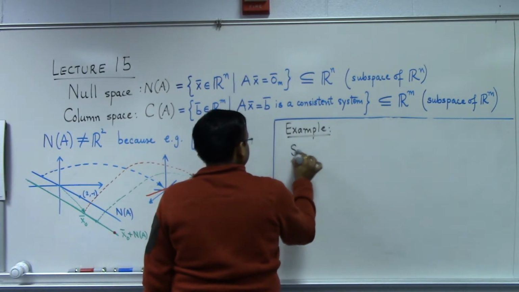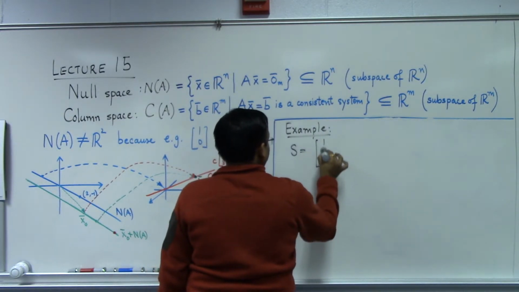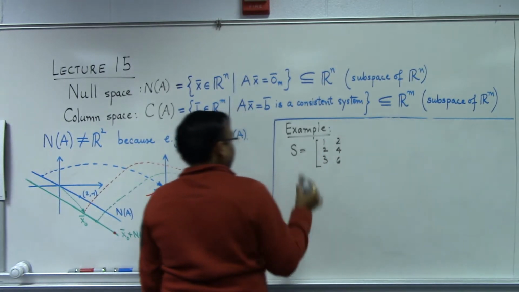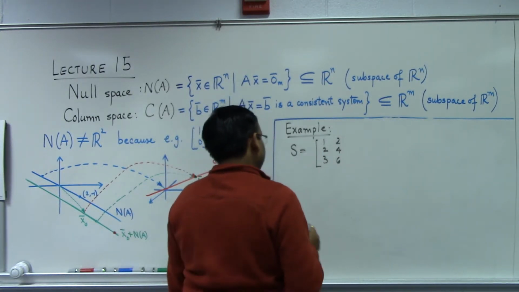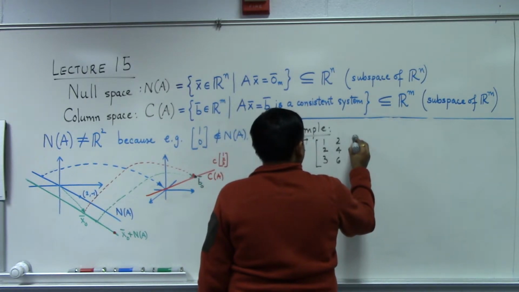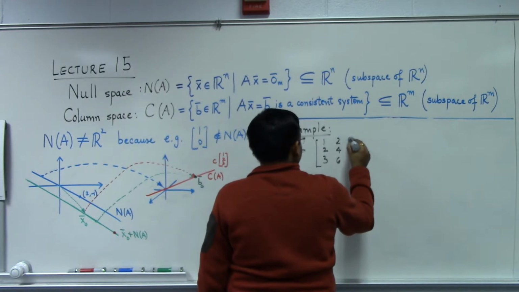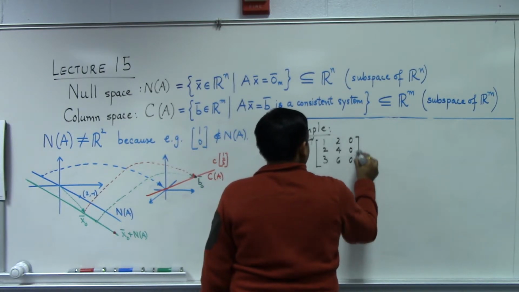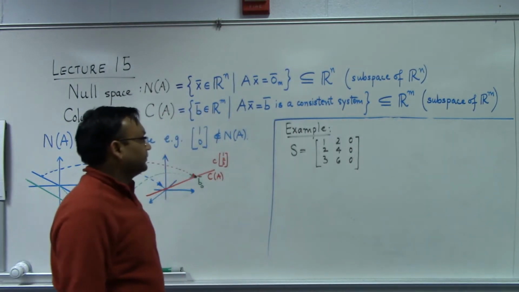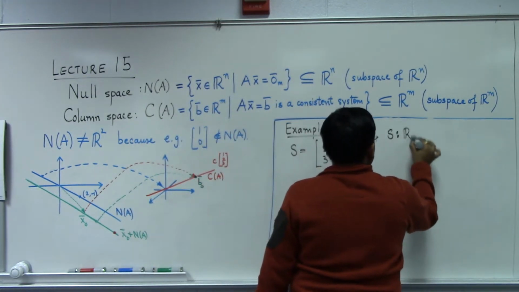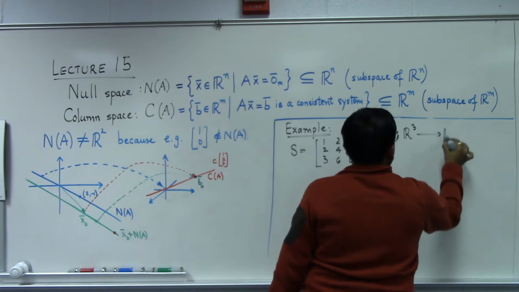Let me call it S. So remember, this was my original matrix, 1, 2, 3, 2, 4, 6. I'll make one more change and see what happens. Let's see if we can add another column to it. This time, it would be a linear transformation from R3 to R3.